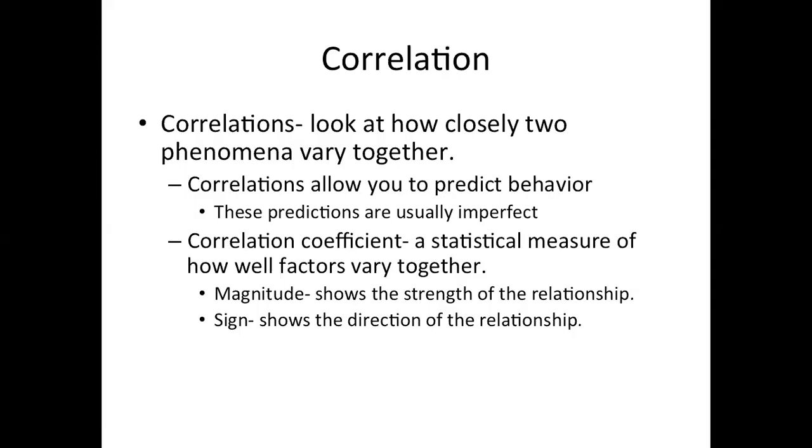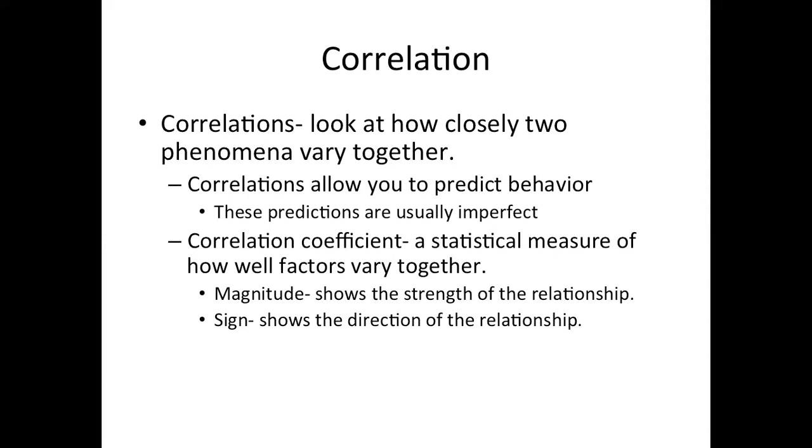All right. So when we talk about correlations, correlations have their own benefits. With observational strategies, as I talked about in the previous video, observational strategies allow you to describe behavior. When it comes to correlation, correlation now allows you to predict behavior.